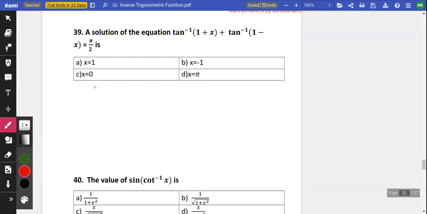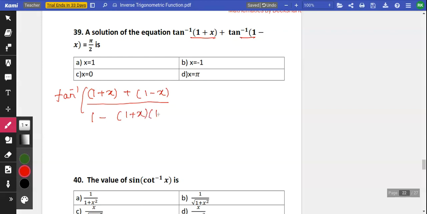Again in this question we have to find the value of x. We are applying the same formula of tan inverse A plus tan inverse B. So tan inverse of (1 plus x plus 1 minus x) upon (1 minus (1 plus x) multiplied by (1 minus x)) is equal to pi by 2.